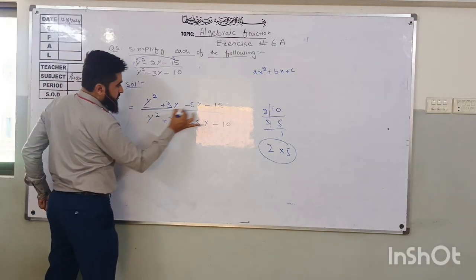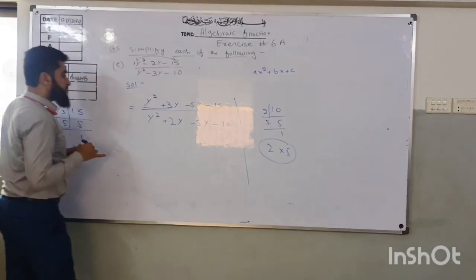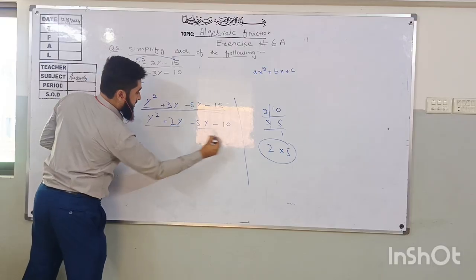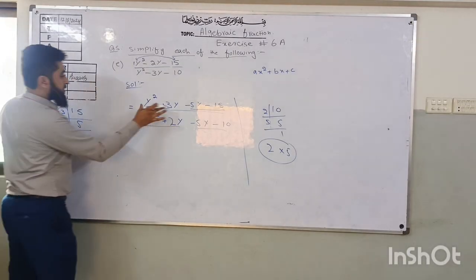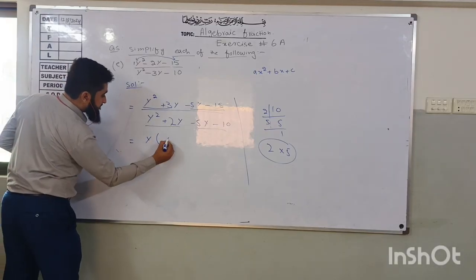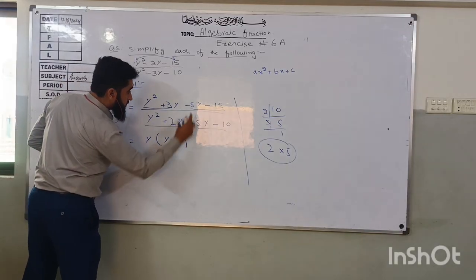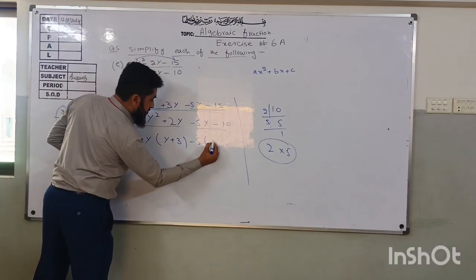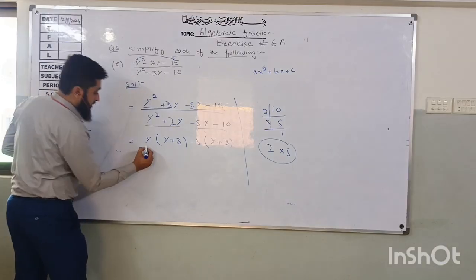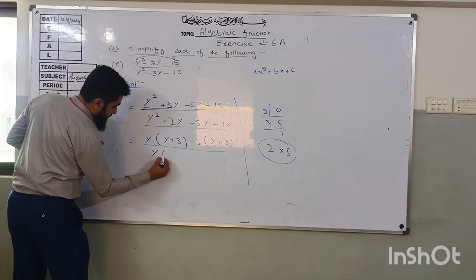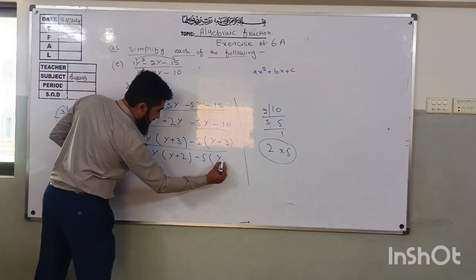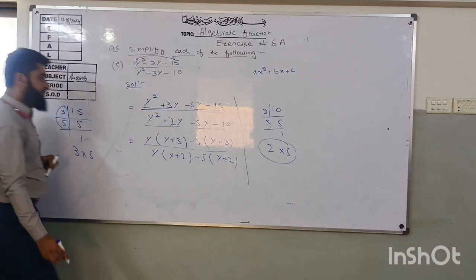So we make groups. How do we make groups or pairs? These are the pairs. In the upper pair, y is common, and y + 3 is remaining. In this pair, negative 5 is common into y + 3, the sign changes, minus minus plus. In the denominator, y is common into y + 2, and minus 5 is common into y + 2.